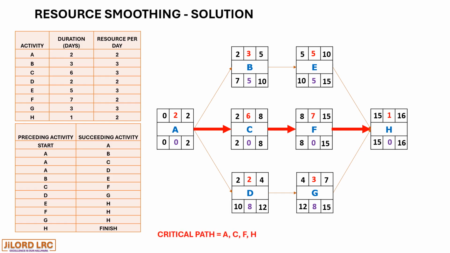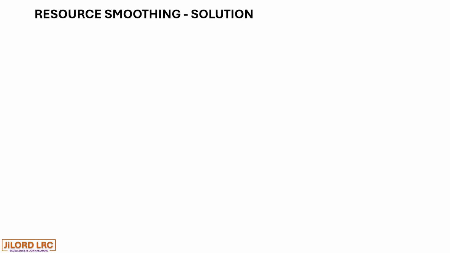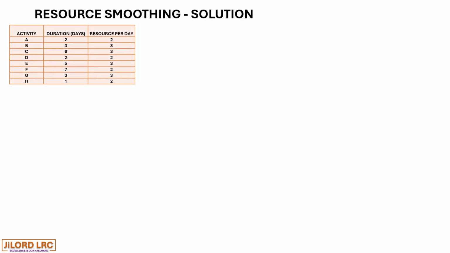So the critical path is A, C, F, and H, and the floats are on B, D, E, and G. So let's proceed and draw the early start bar chart.